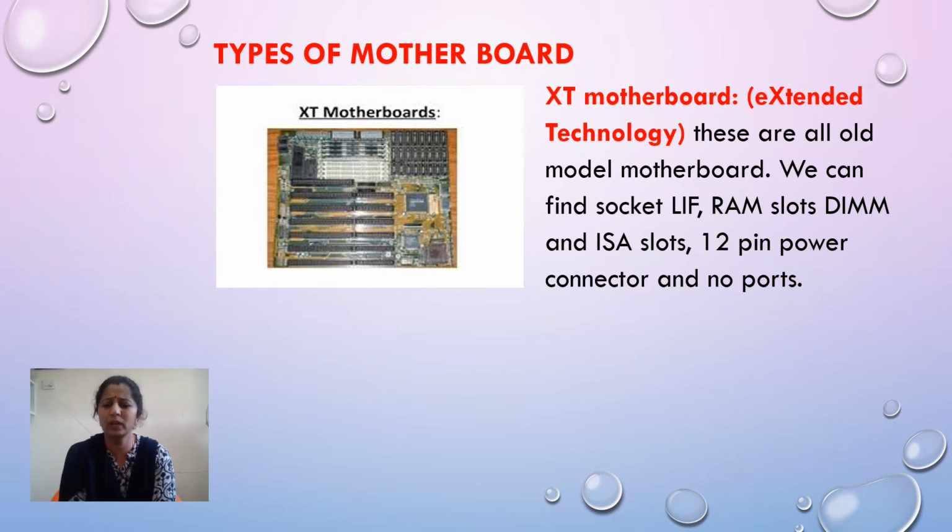It has only a low insertion force socket, that is LIF, and one RAM slot, that is the dual inline memory module. Slots contain ISA, that is industry standard architecture slots, and it has only a 12 pin power connector.